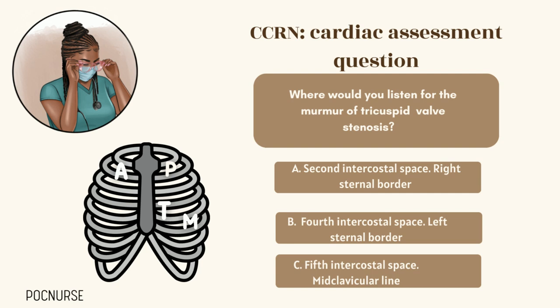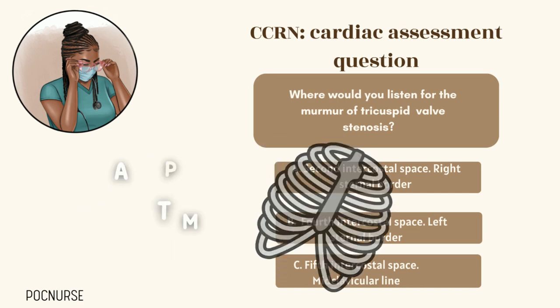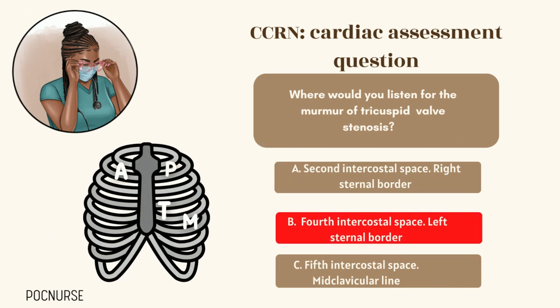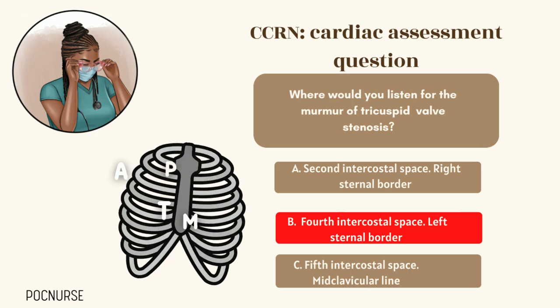So we're talking about the tricuspid valve, the letter T. Using our mnemonic, all physicians take money, or all patients take medications, the letter T corresponds to the fourth intercostal space, left sternal border. Let's see if that's our answer. So our answer is fourth intercostal space, left sternal border. This is where we would listen for the murmur of the tricuspid valve, whether it be stenosis or regurgitation.